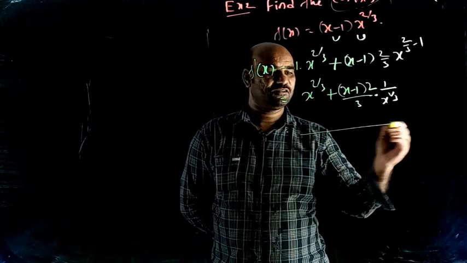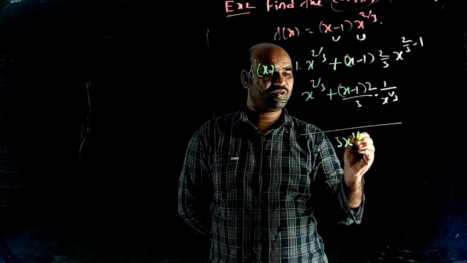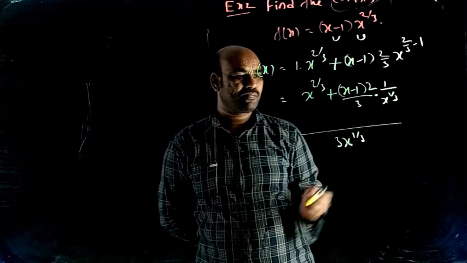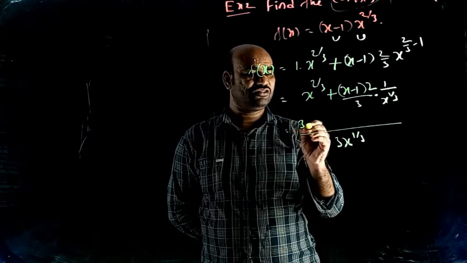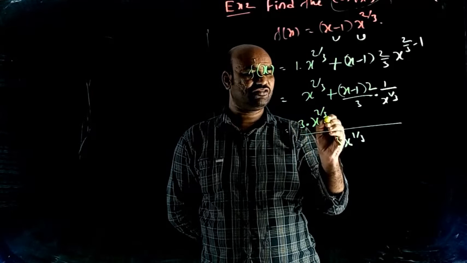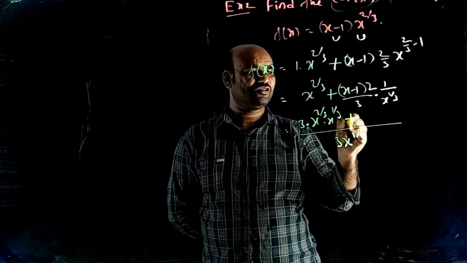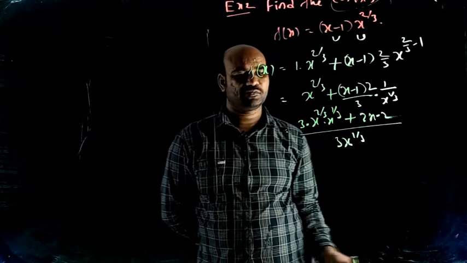So here 3 into x power 1 by 3 is taken as LCM. So 3 into x power 2 by 3 into x power 1 by 3 plus 2x minus 2.